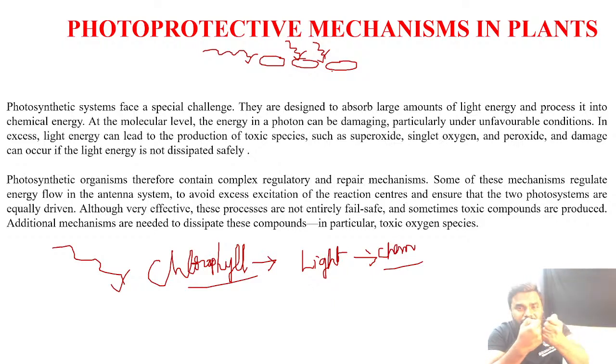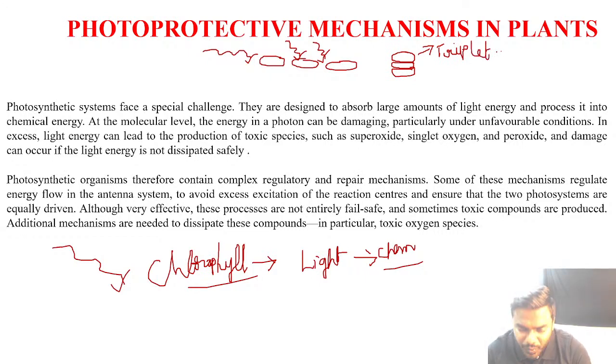And because of the continuous absorption of light, they are getting excited. Three chlorophyll molecules get excited. Listen to me, friends, please. They can form a structure. What do you call it? That particular structure we can call a triplet. Now, all the students have to remember one important point.